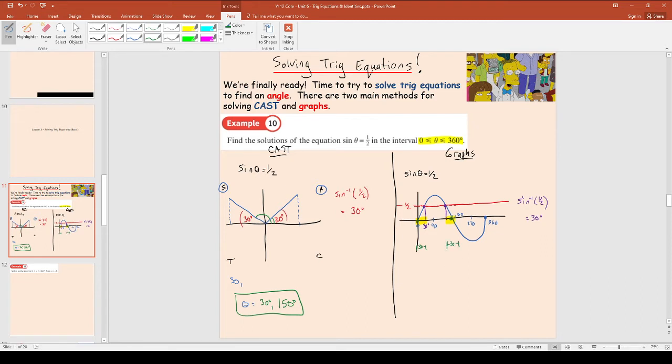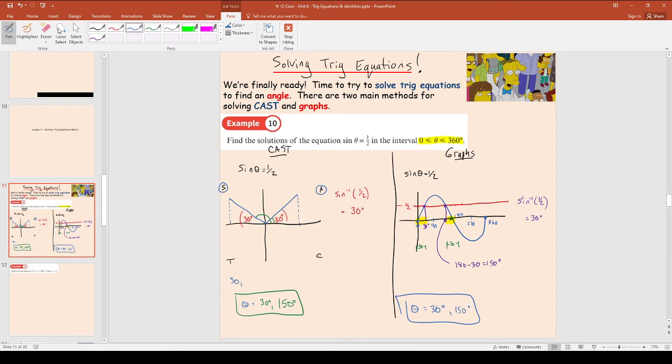So the other angle, this purple angle here, is going to be 180, all the way to where it collapses, take away the 30 from symmetry, which equals 150. Which means we still get the same two answers: theta is 30 degrees and even 150 degrees. Bish bash bosh, there it is with the graph method.